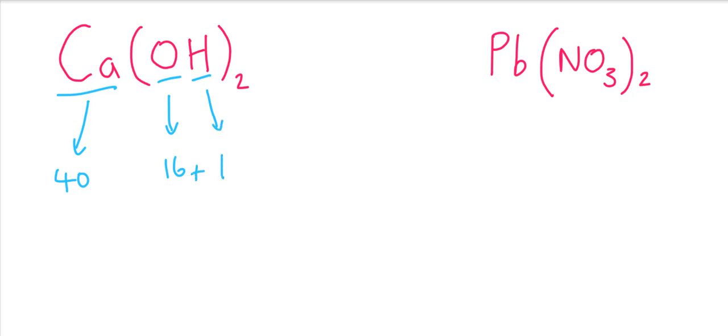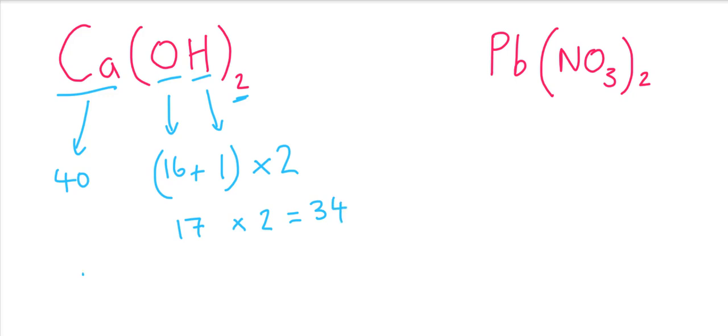So we need to add these two together. But take note of the number outside the bracket. This number means everything inside the bracket we multiply by 2. So we know that 16 plus 1 gives us 17. And then we need to times that 17 by 2, which gives us 34.